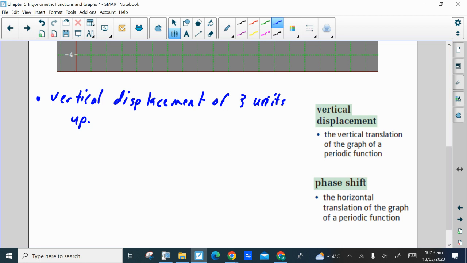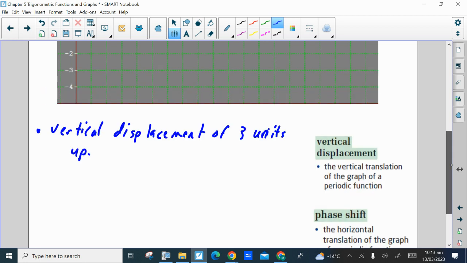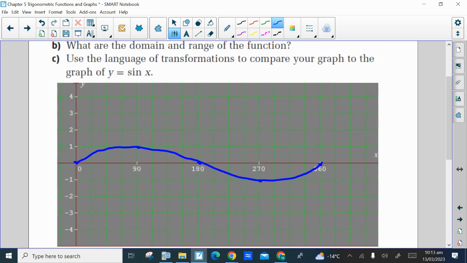Right? Which determines that horizontal midline. Remember that these graphs have a horizontal midline. Up to now, they have been the x-axis, but now we're shifting the graph up 3 units, which means that horizontal midline goes up 3 units as well. So I've represented that by that broken line.